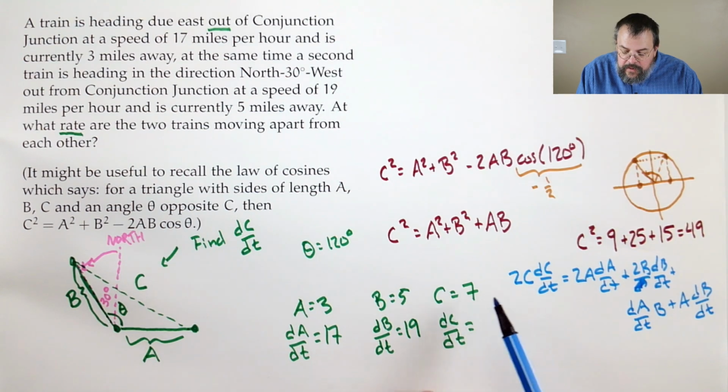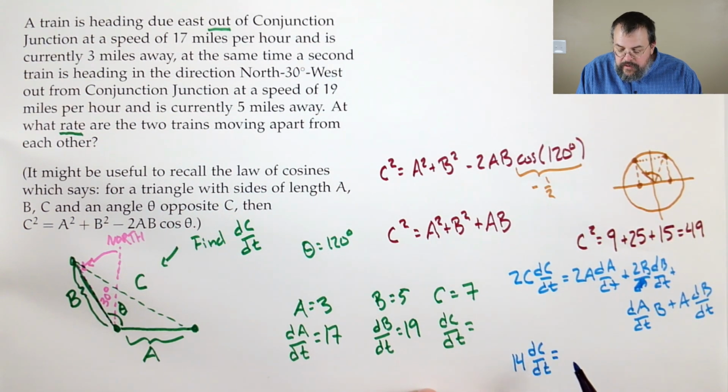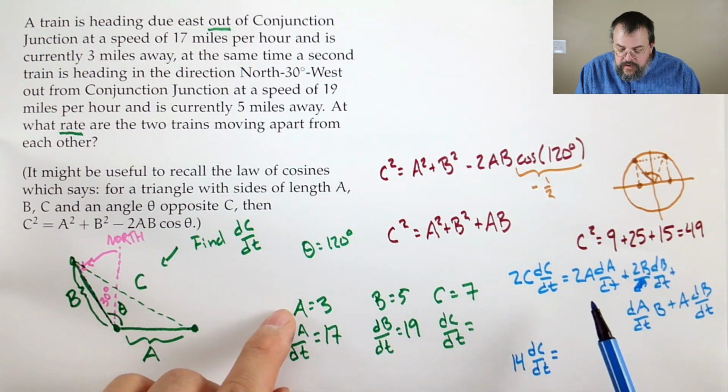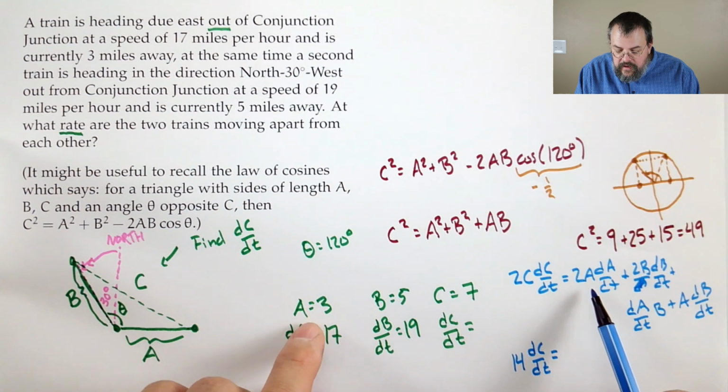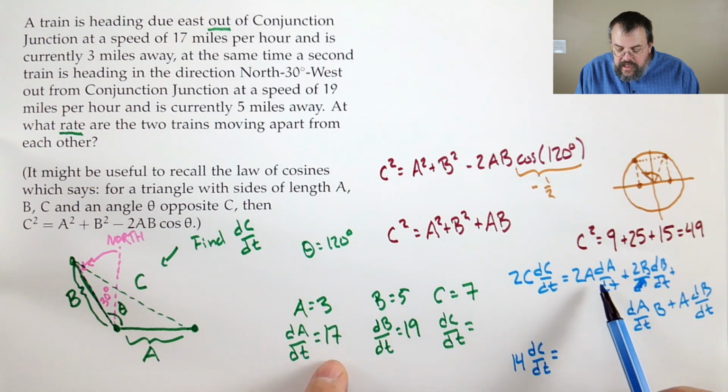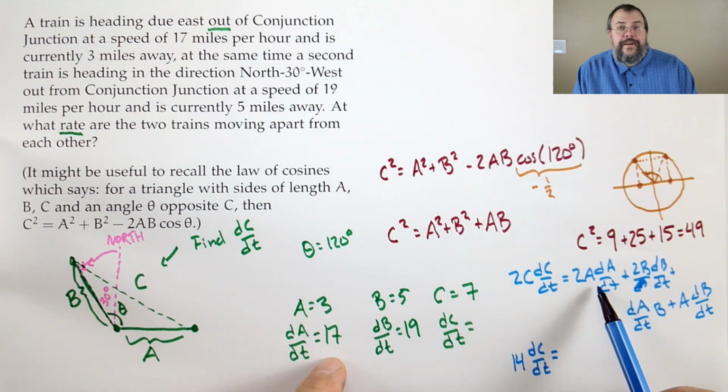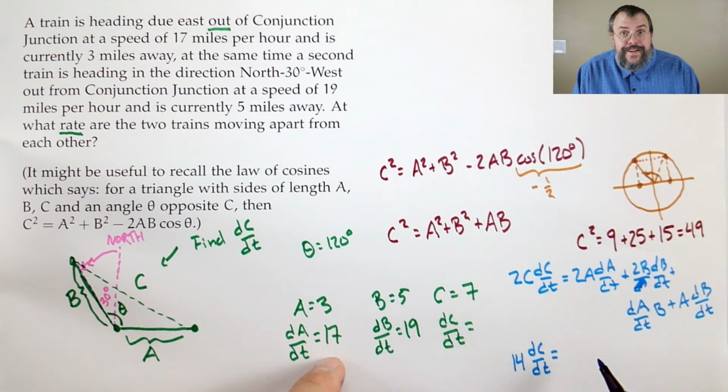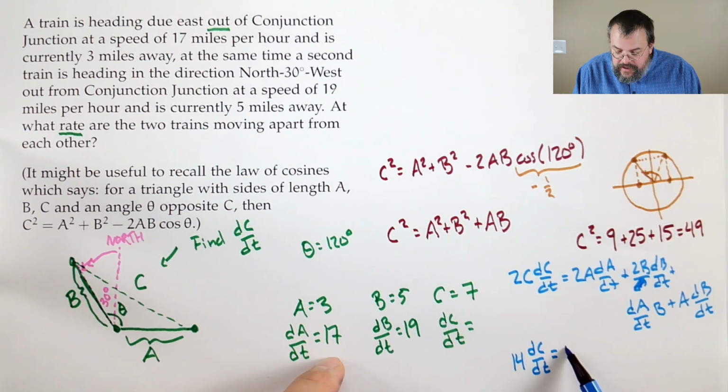2 times c, well that's 2 times 7, that would be 14. So 14 times dc/dt is equal to 2 times a, so that's 6, times dA/dt, 17. 6 times 17 is 102. You can think of it as 6 times 10 is 60, 6 times 7 is 42, and you put them together, 102.